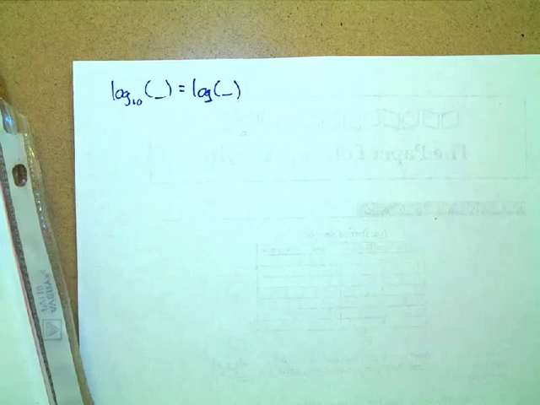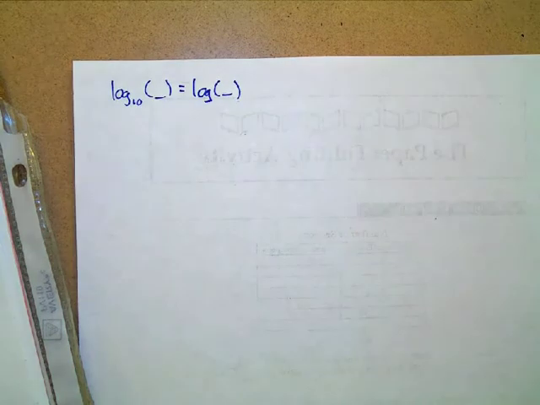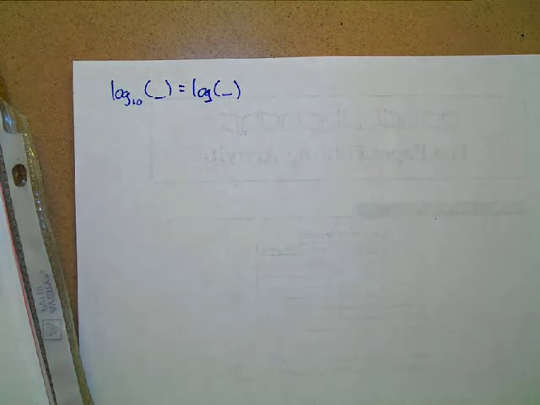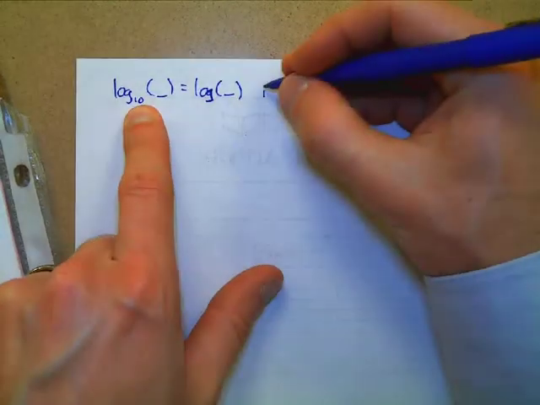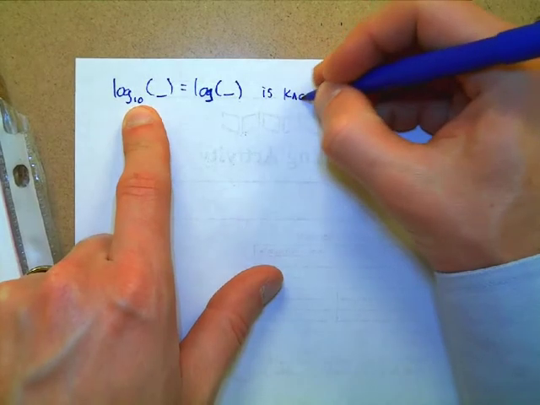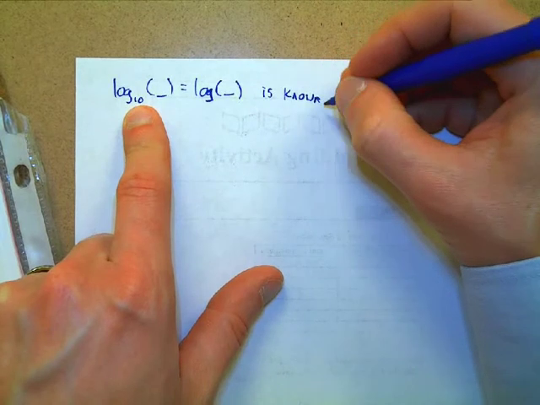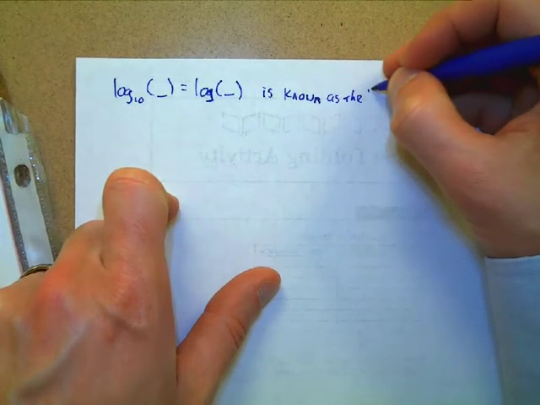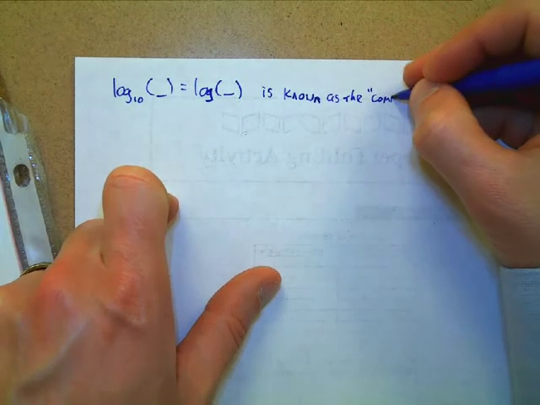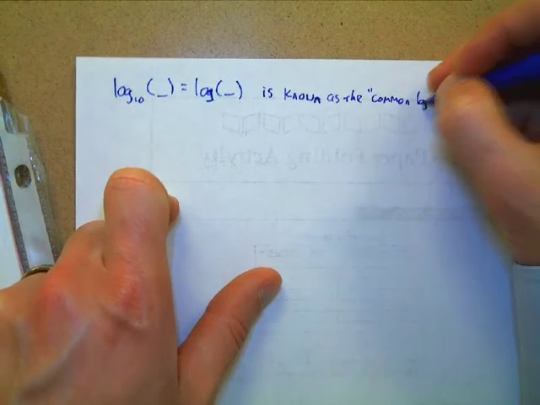So if you come across a logarithm that has no base written, we don't assume it's base 1, we assume it's base 10. So when you see a logarithm with no base written, it's base 10. This is known as the common log.